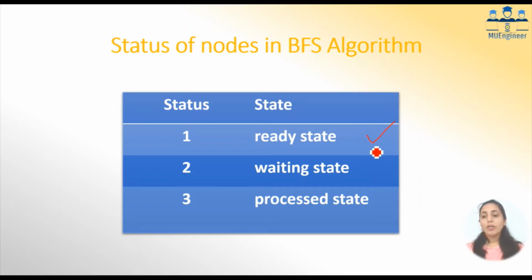Once I take a particular node into a queue, that node goes to the waiting state. And when it is exited or deleted from the queue, that node has been visited and processed. Whenever a node is visited, that means I am displaying that node and it is processed. After I am done with that node, I will change its status to 3. This way I am changing the status of my node.